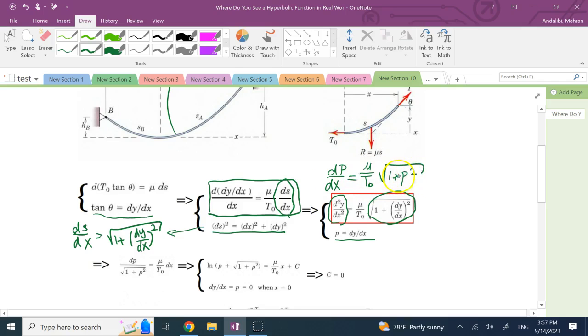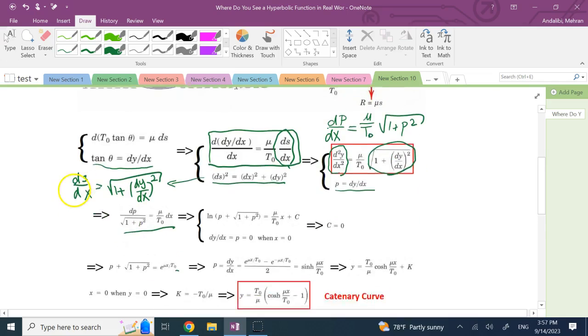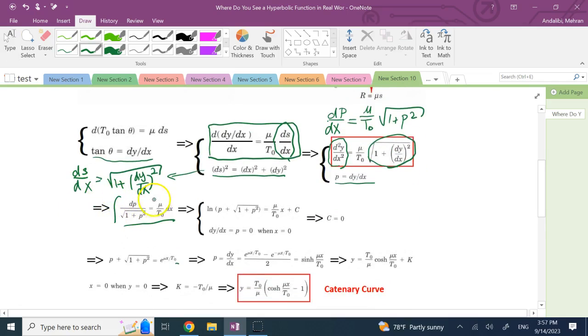Here you do a separation of variables and you get this guy. And then you will what? You will integrate this. The integral of this mu over t naught becomes the linear function plus, of course, a constant. And this left-hand side is a natural log, like that.